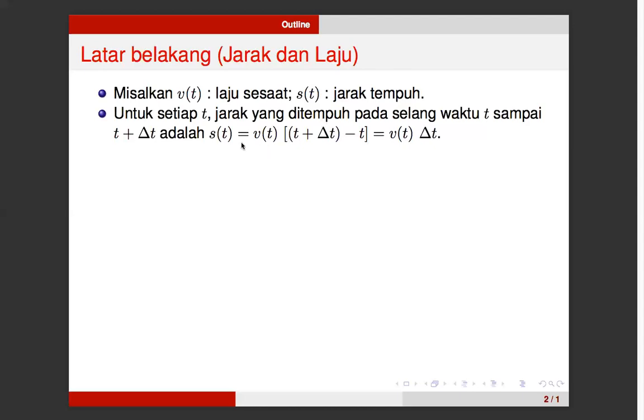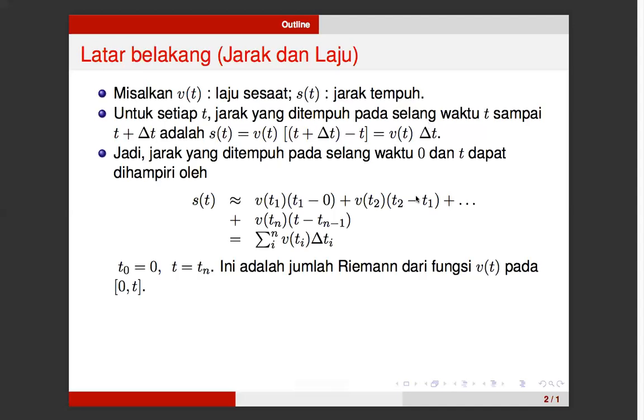So you can multiply velocity with how much time is needed to reach that distance. Therefore, the change in s becomes the velocity multiplied by delta t.